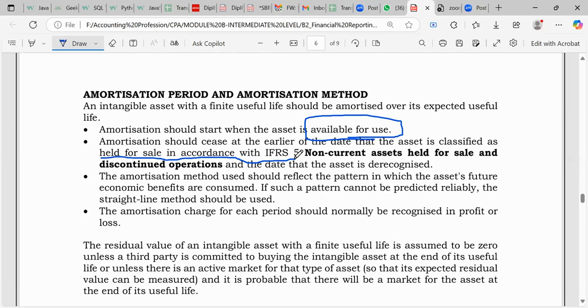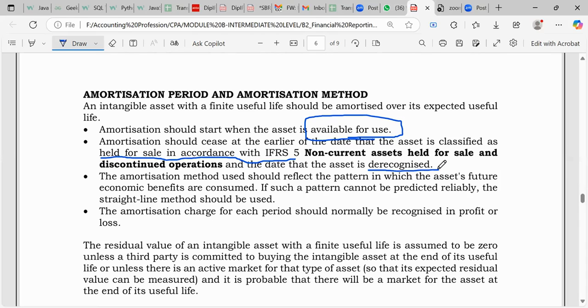So you obviously stop charging depreciation, and the date the asset is derecognized, so whatever comes earlier. This applies even for PPE, because even if you have the PPE under IAS 16, if you classify something as held for sale, you also stop charging depreciation, right? Or if you sell it, you derecognize it from the books. That is obvious. It won't be in the books. So how can you charge depreciation or amortization while it's not in the books? It's also obvious, right?